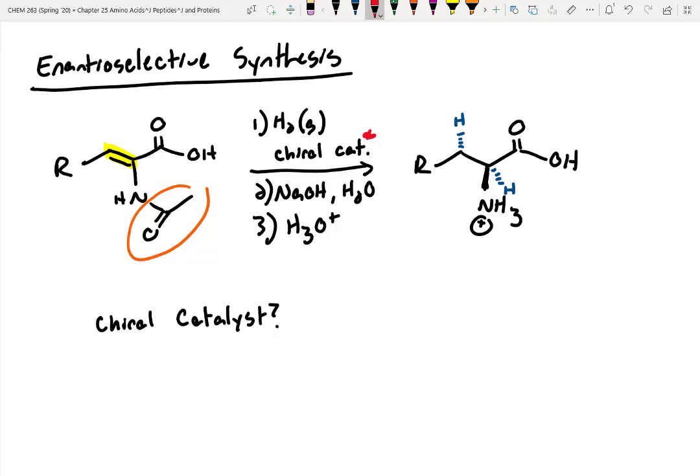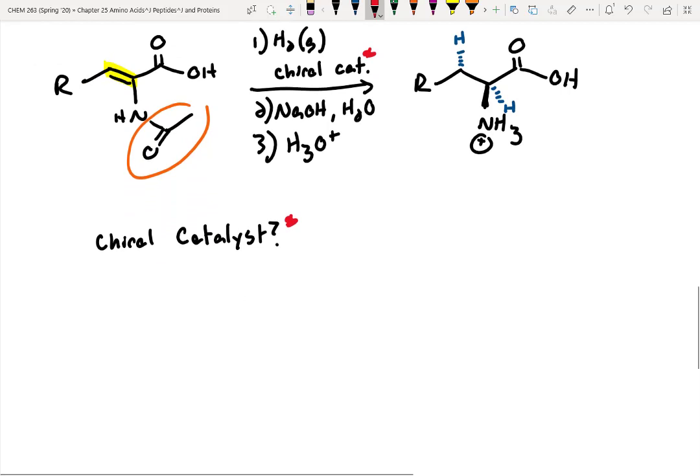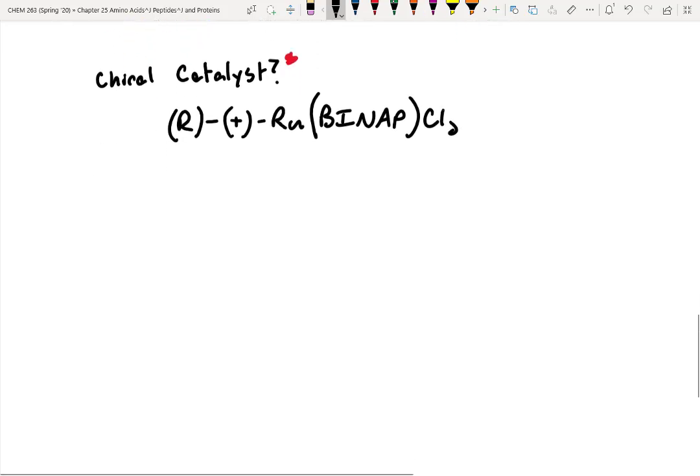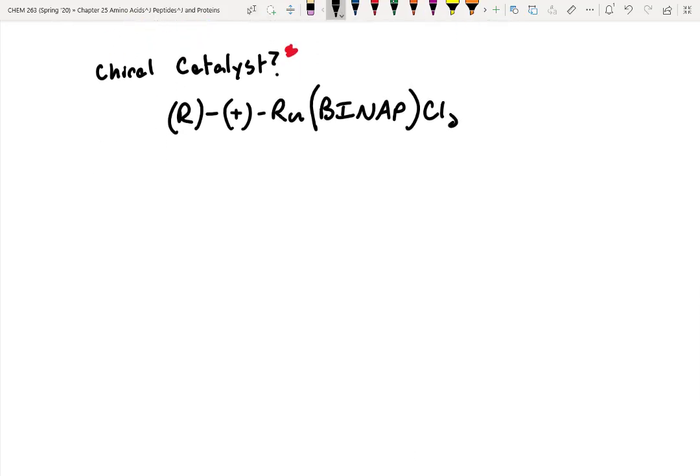If you go on and take more chemistry, specifically organometallic chemistry, you'll cover this in a lot more detail. But one of the common catalysts is called R-plus ruthenium BINAP dichloride. All right, so let's take a look at what this looks like.